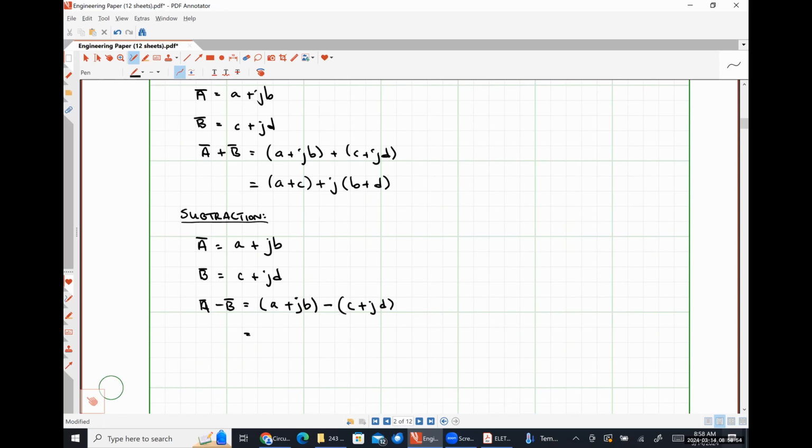So I'm going to distribute that negative sign. So I'm going to have a plus negative c. So that's just going to look like a minus c plus j, b plus negative d, or b minus d, like so. So once again, we see that when we have two rectangular form complex numbers and we subtract them, we still wind up with a rectangular form complex number.